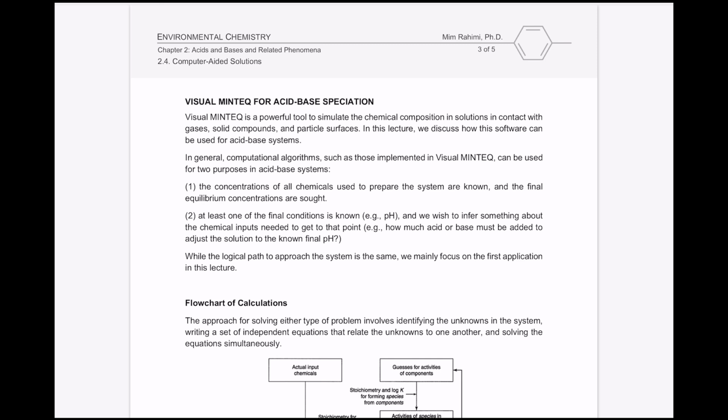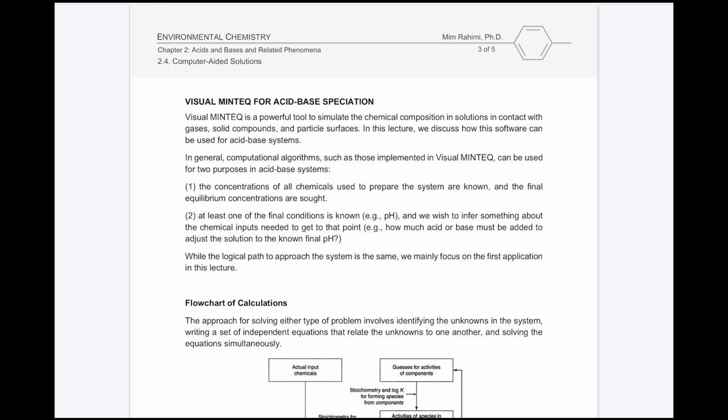Within the acid-base framework, this computational algorithm, including those implemented in Visual MINTEQ, can be used for two purposes. In the first, we know the concentration of all chemicals that we added to the solution, and what we're looking for is the final composition at equilibrium.